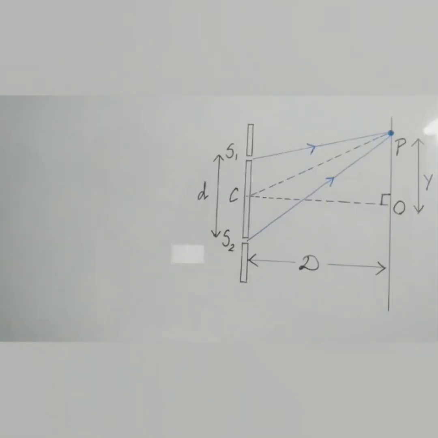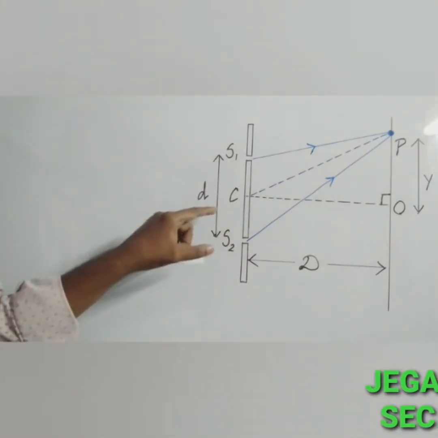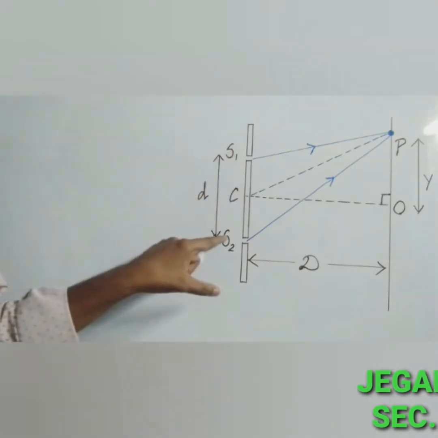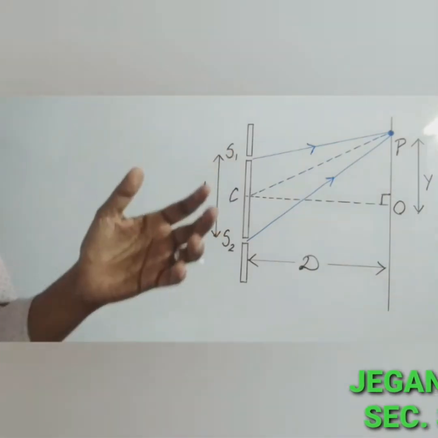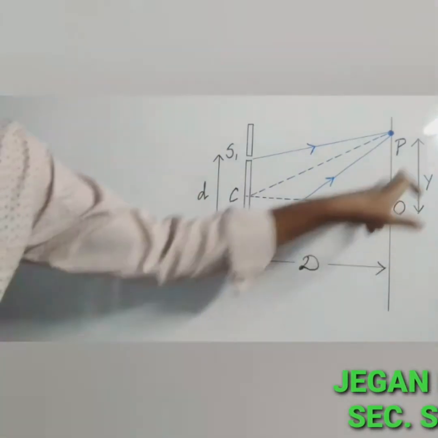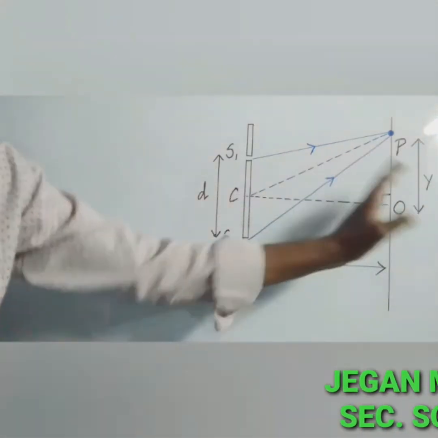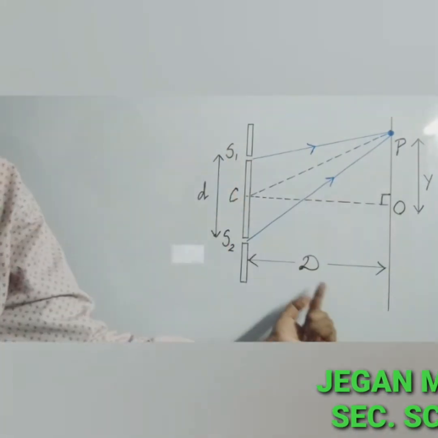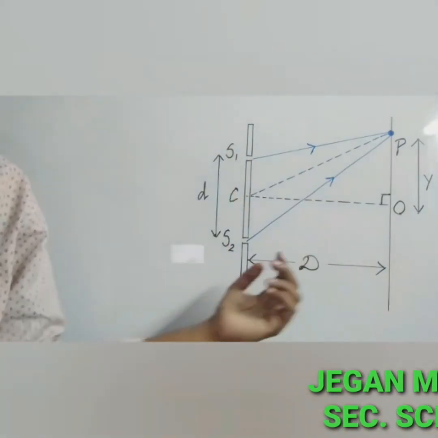The schematic diagram of the experimental setup of Young's double slit experiment is shown here. Let small d be the distance between the double slits S1 and S2, which act as coherent sources of wavelength lambda. A screen is placed parallel to the double slit at a distance capital D from it.